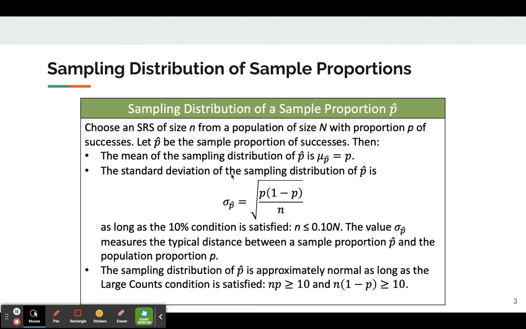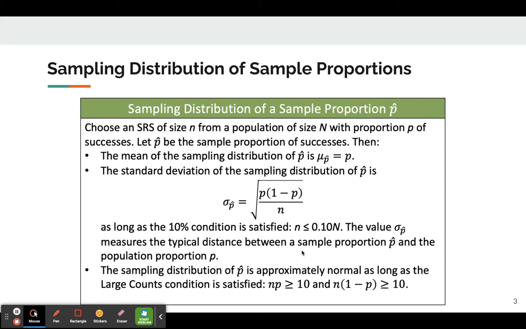And the standard deviation of the sampling distribution of p hat is equal to the square root of p, remember that's the population proportion, times 1 minus p, again, p is the population proportion, divided by n, which is the sample size, as long as the 10% condition is satisfied. Remember we learned about that: n is less than 10% of the population size.